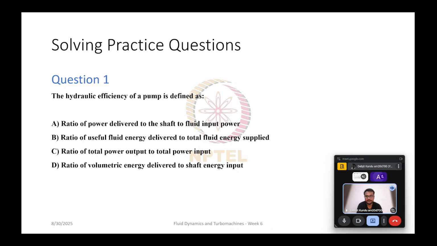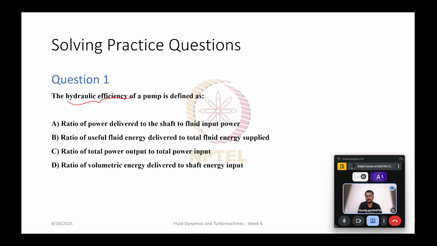Option B says it's the ratio of useful fluid energy delivered to the total fluid energy supplied. Option C says it's the ratio of total power output to the total power input. Option D says it's the ratio of volumetric energy delivered to the shaft energy input. So what is the correct definition of the hydraulic efficiency of a pump?